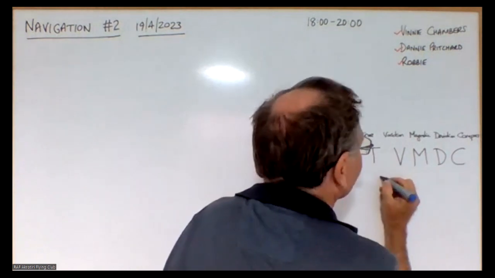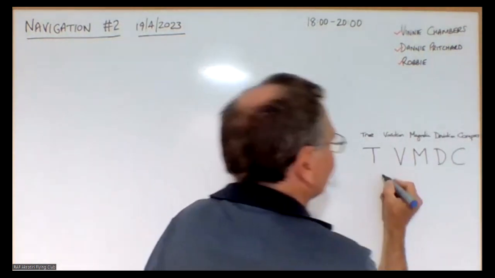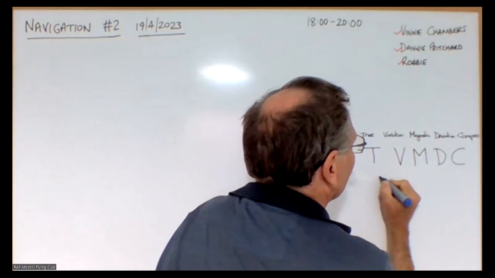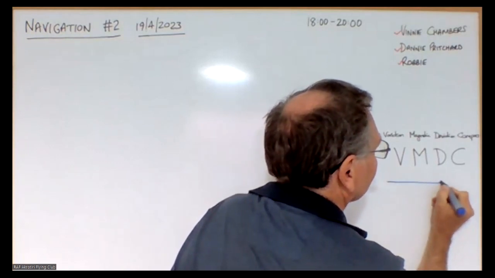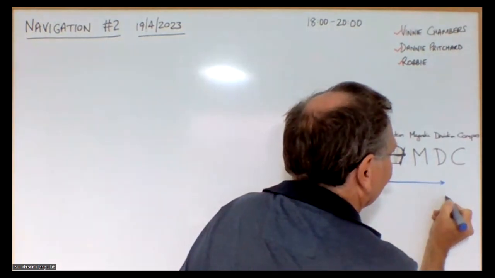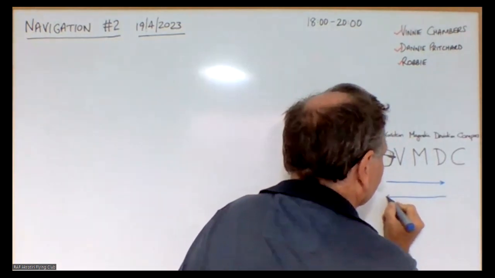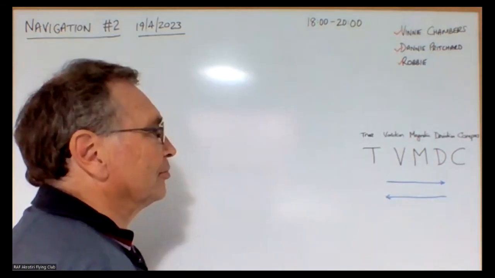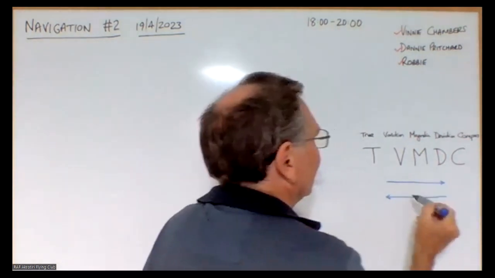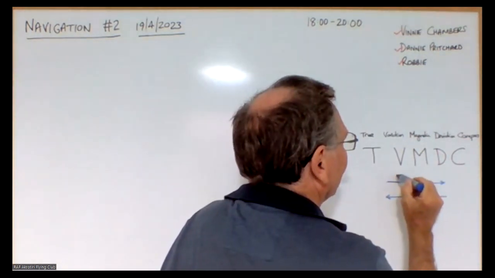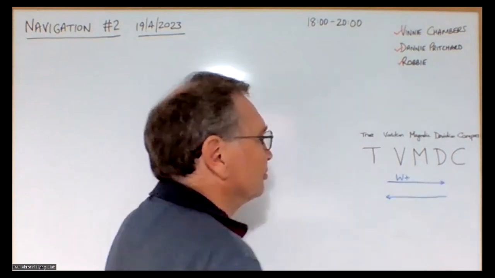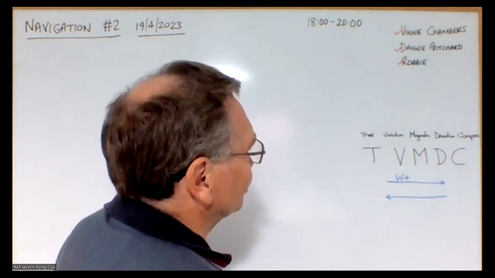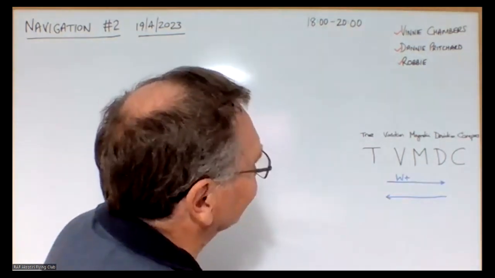The way I do it is I draw arrows, and you can imagine there's an arrow going this way, and there's an arrow going this way, and I write on here W plus, because the arrow's going to the right.